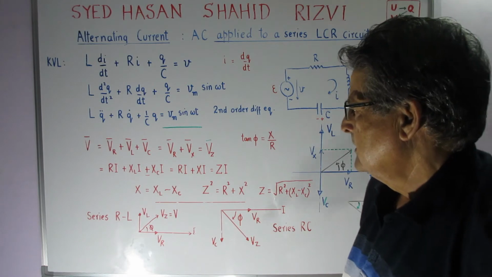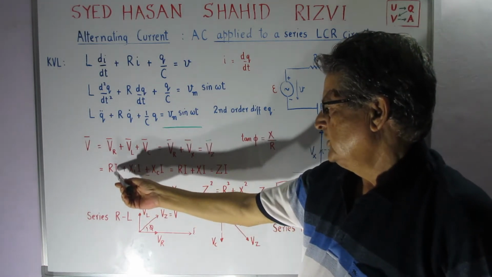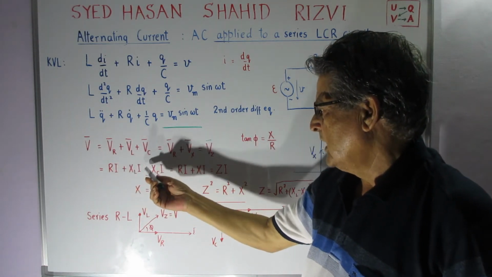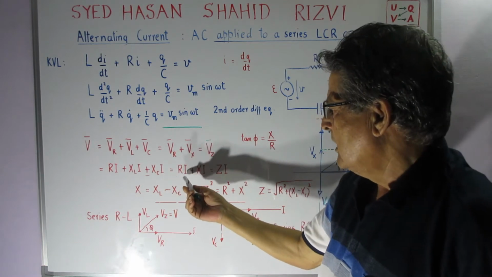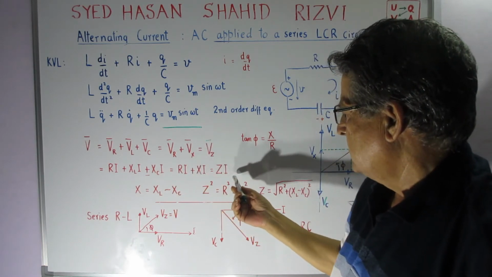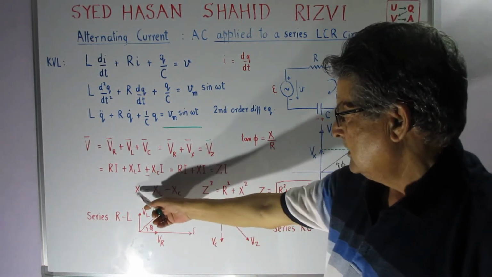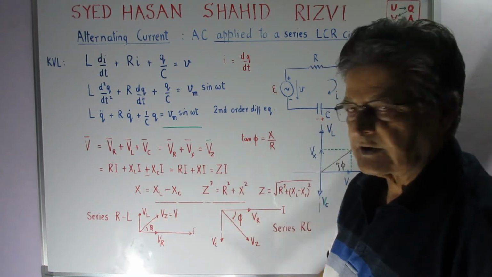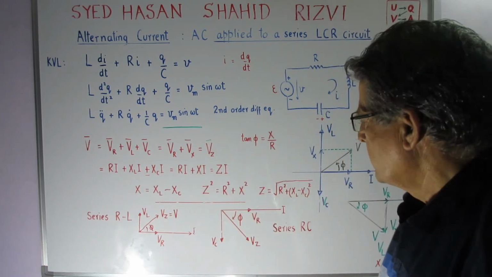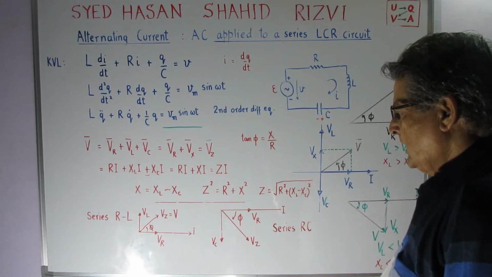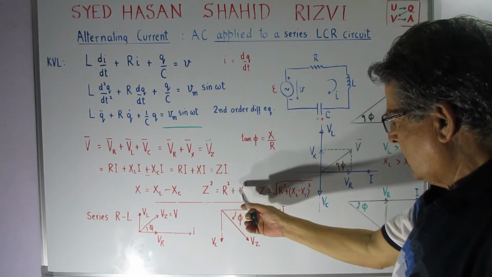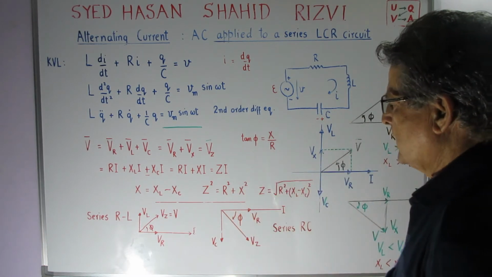And if I write this RI, XLI, XCI, then RI plus XI is equal to ZI, where X is equal to the difference of XL and XC. So Z square becomes equal to R square plus X square.